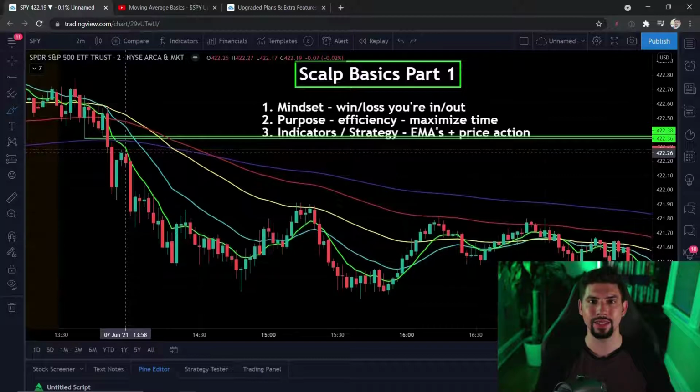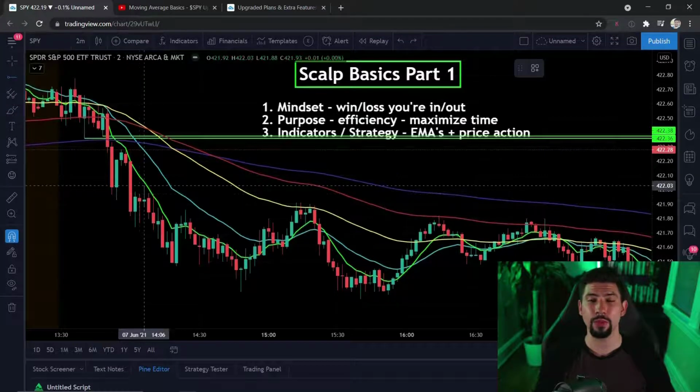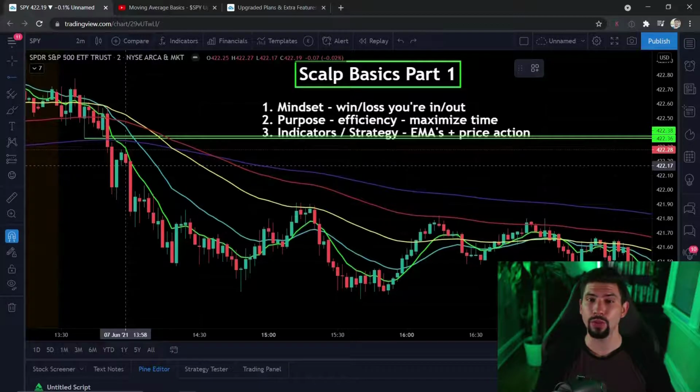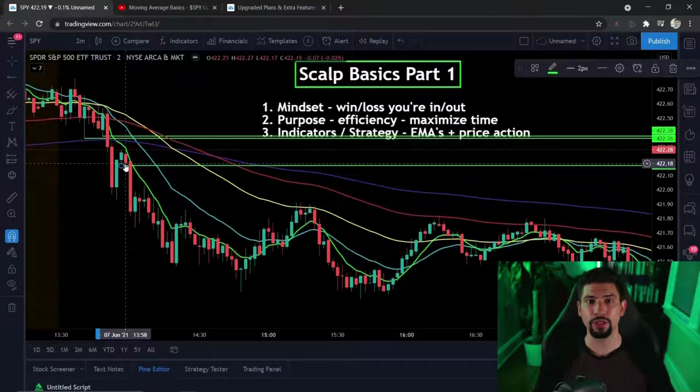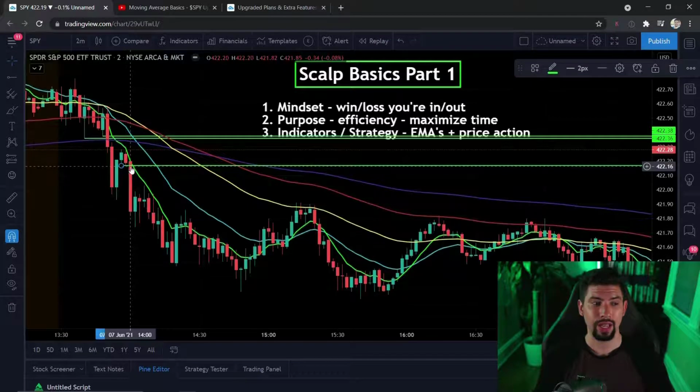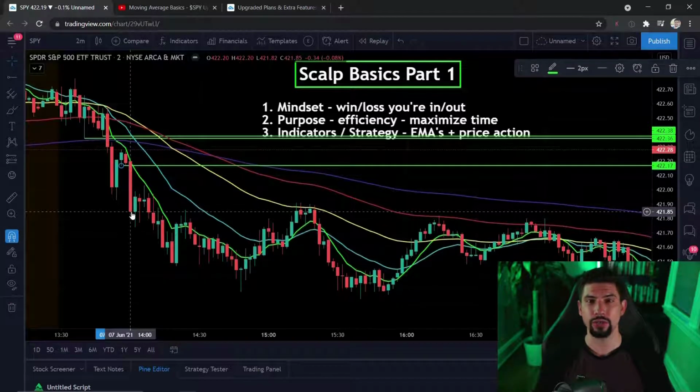It's still a ceiling for price. Now that we're not too far stretched out from the 8 EMA and we're starting to see weakness again, we're looking for a trade now below these two candle lows here. And you can see what happens when price breaks below that previous 2-minute candle low. It drops pretty hard. That's another trade that you would take advantage of on a scalping basis.